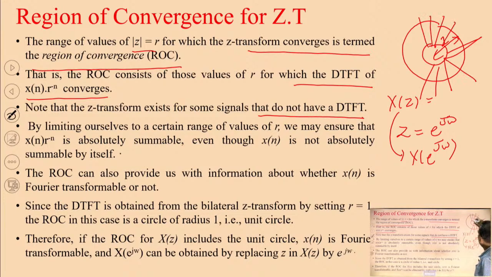You can see here that the r equals 1 circle is overlapped by the ROC. If this condition exists, it means the Fourier transform is also possible for this particular Z-transform, so we simply write z equals e to the power j omega. So this is about your DTFT and your Z-transform.